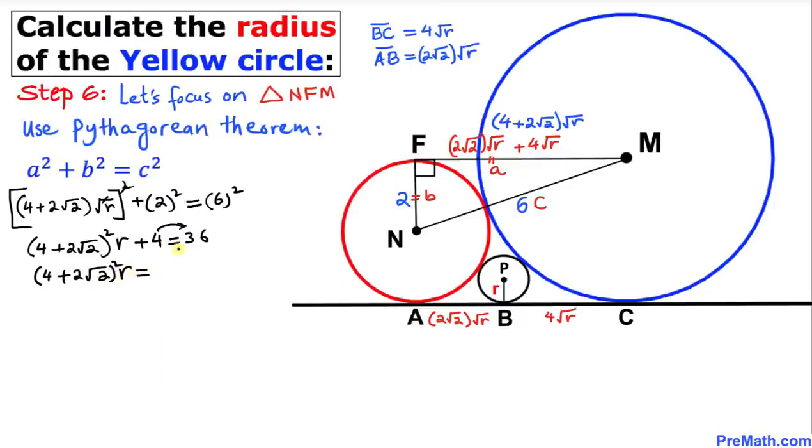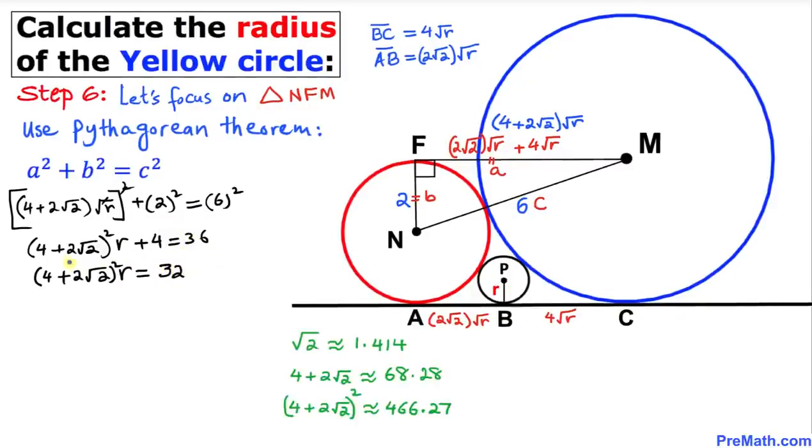When we move this one to the other side, it becomes negative 4, so that's going to give us 32. And now let's focus on this part, (4 plus 2 times square root of 2) square. Here if we use a calculator, this turns out to be approximately equal to 46.627. Let's go ahead and replace this one by 46.627 r equal to 32.